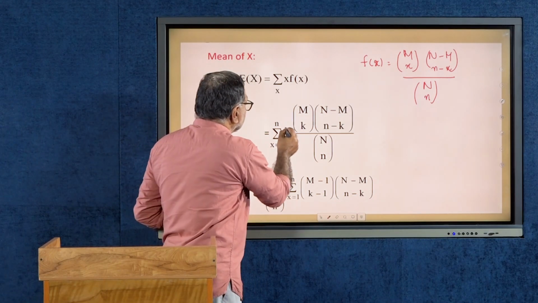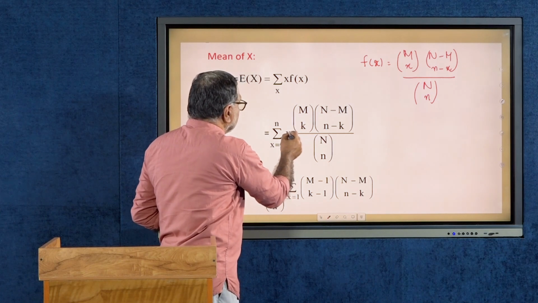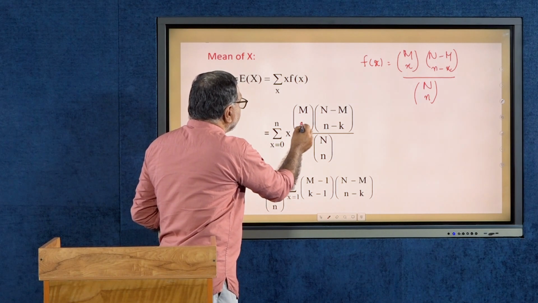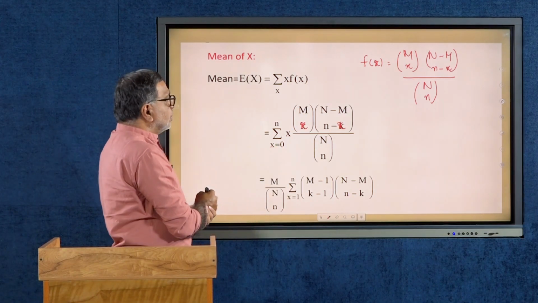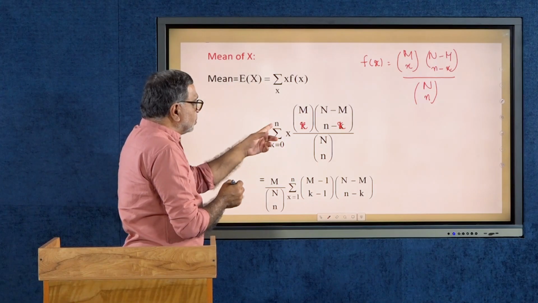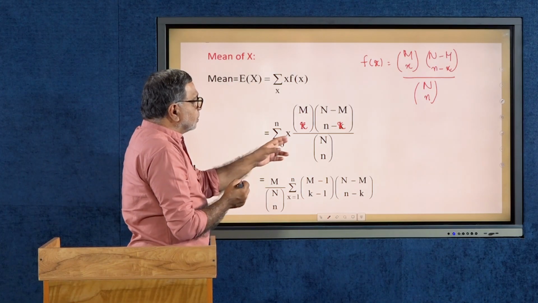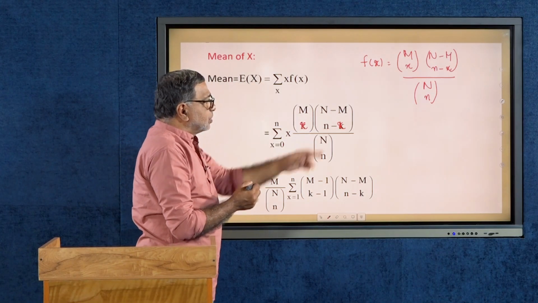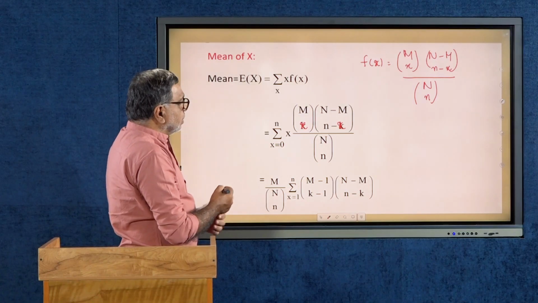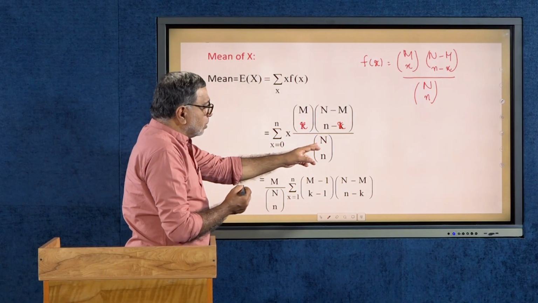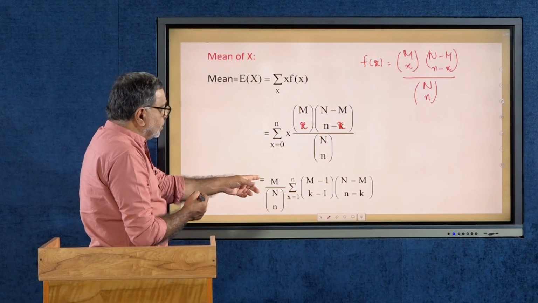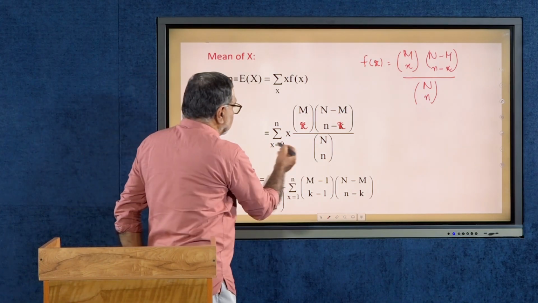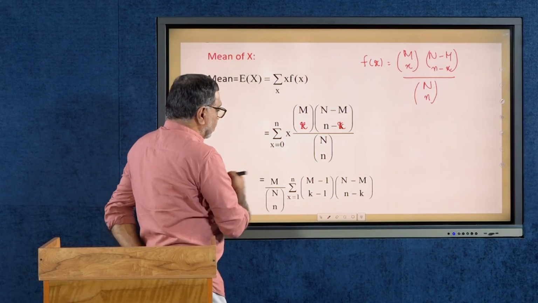If you are writing in terms of x or in terms of k, I think it would be better to write x here. So, sigma over x equal to 0 to n of x times mCx times (N minus m)C(n minus x) divided by NCn. This NCn is not associated with the summation, so it is taken outside.